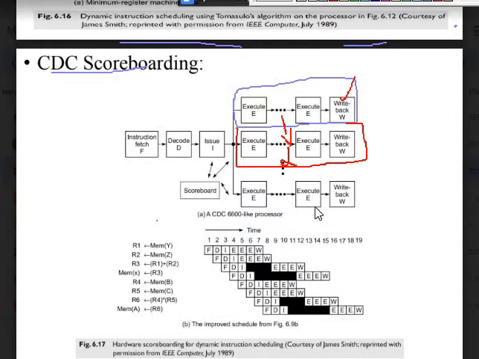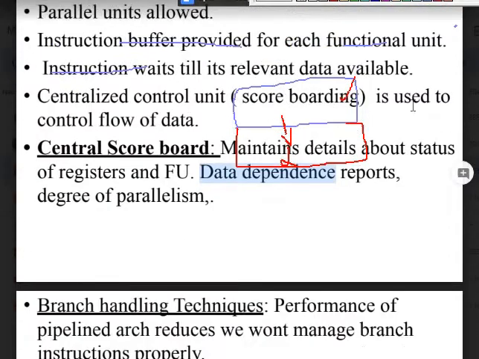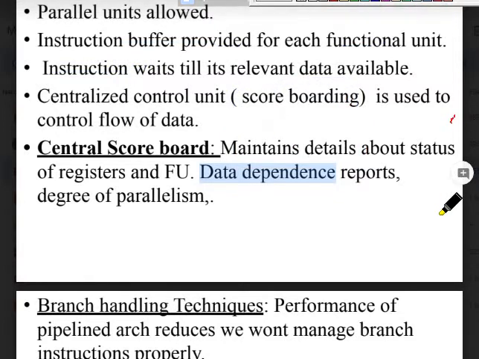The central scoreboard should have a report about such dependencies also. If there are dependencies, it should highlight them, so that pipeline 2 keeps waiting for completion of pipeline 1, and it should also have information about the degree of parallelism.